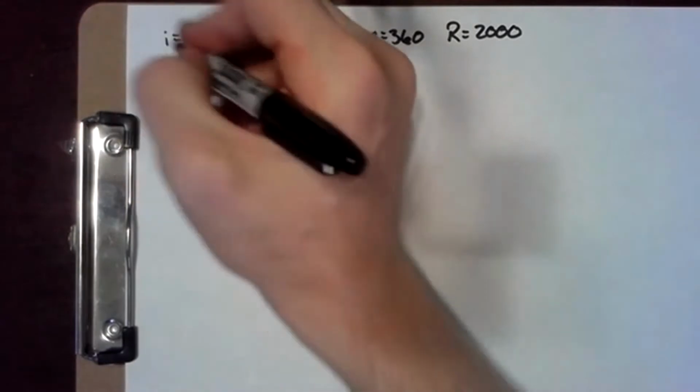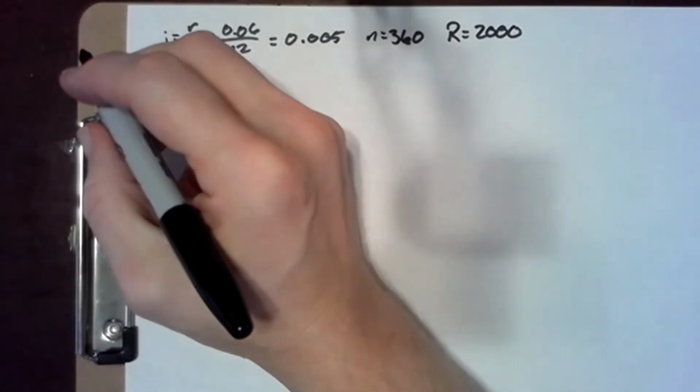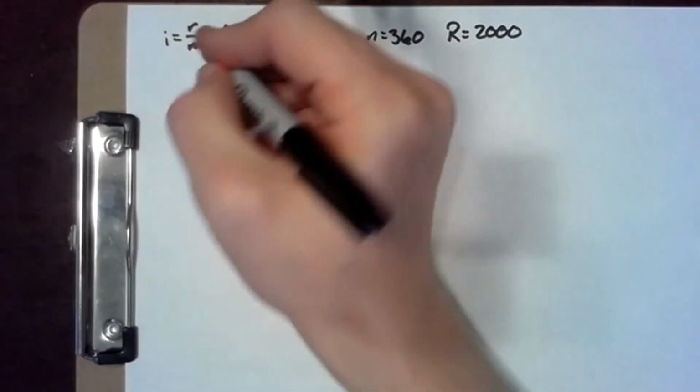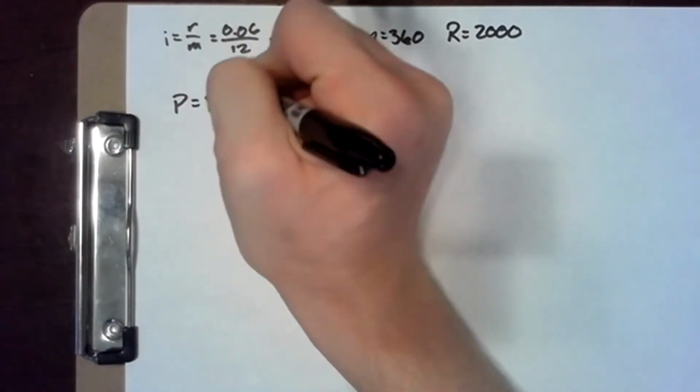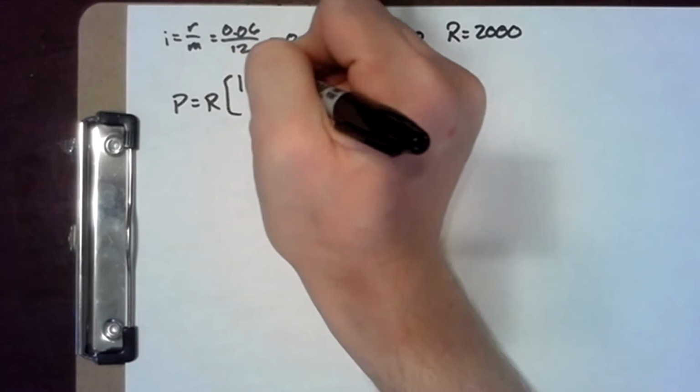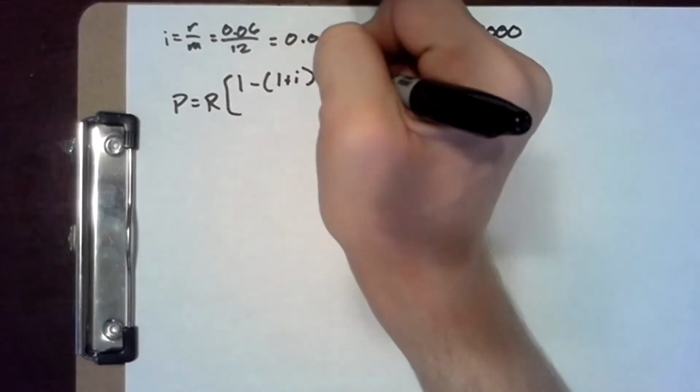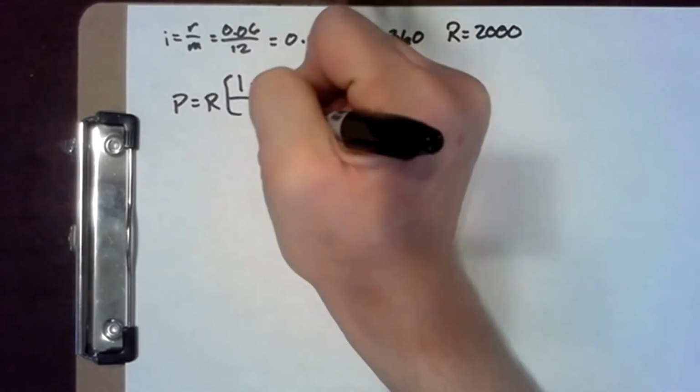We are required to find P. So from our formula for, hold on, sorry, this is our formula for an annuity. P equals R times 1 minus 1 plus I to the negative N over I.